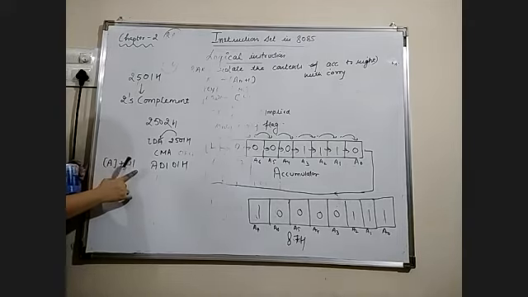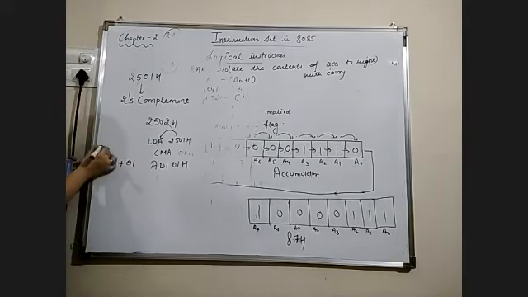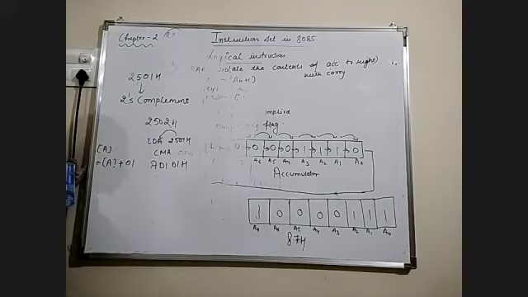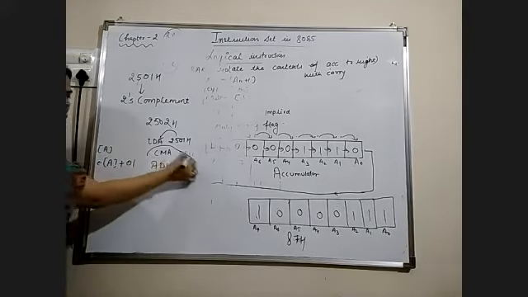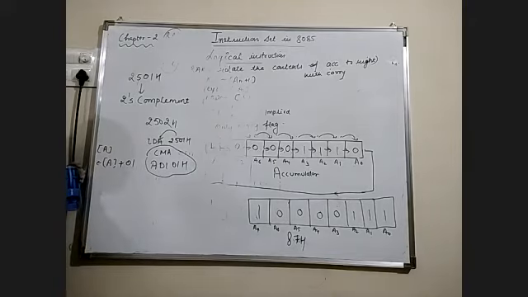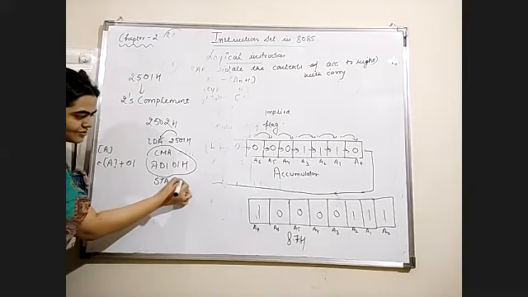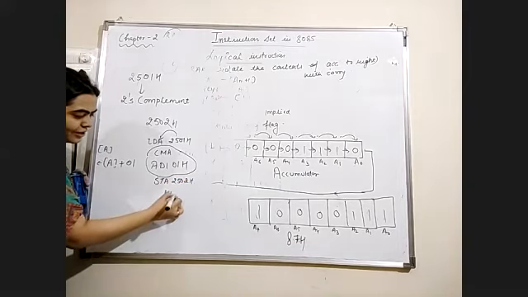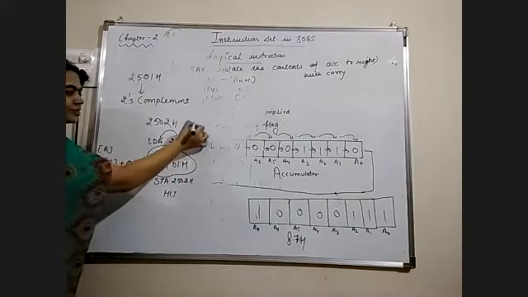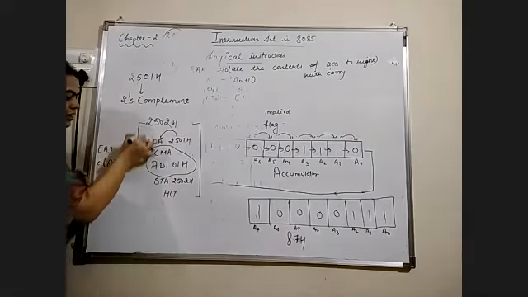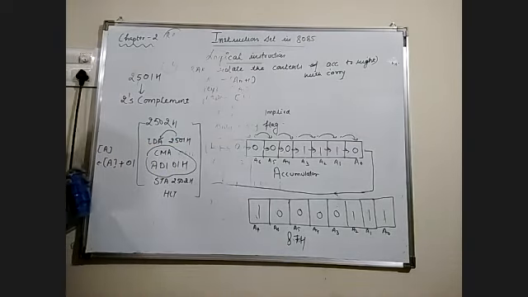Here we have 0, 1, and the result is again stored in the accumulator. So using these two instructions we can find the 2's complement. After this we can write STA 2502H and then we can write HLT. So this is how we can find the 2's complement of a number.